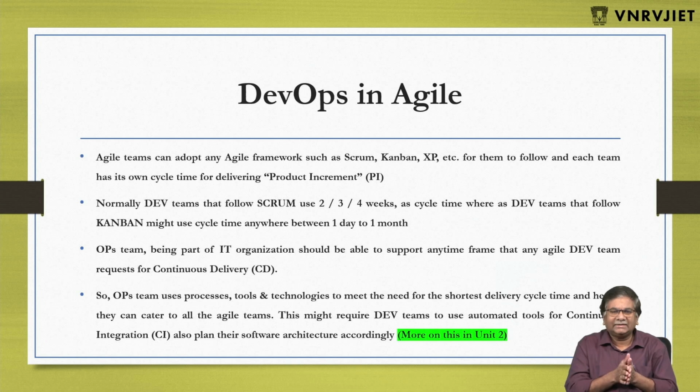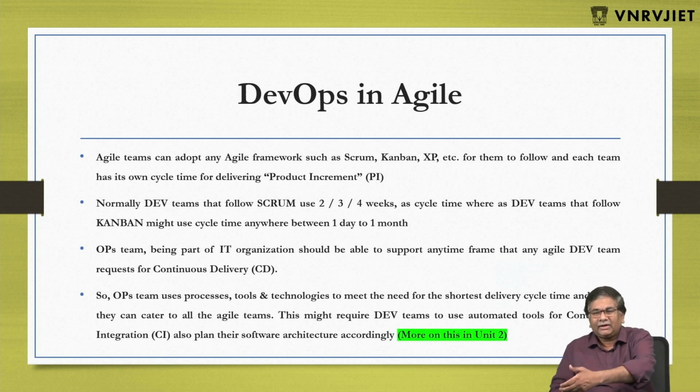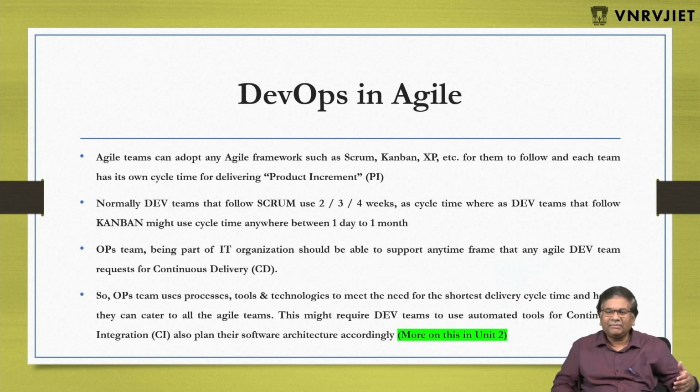follows that. Like I said, the ops team, being part of the IT organization, should be able to support any framework that the Agile dev team requests for continuous delivery. I'll talk about what continuous delivery is in the next presentation. The job of the ops part of the IT department is to provide support for all these frameworks, because one team follows Scrum, another team follows XP, another follows Kanban.